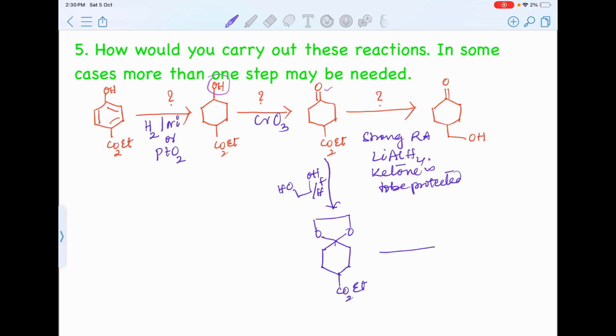So next we reduce it with lithium aluminum hydride and ether as the solvent. Then we get the alcohol.